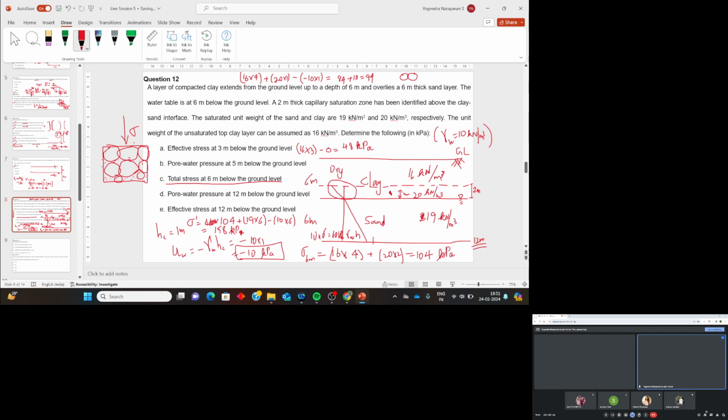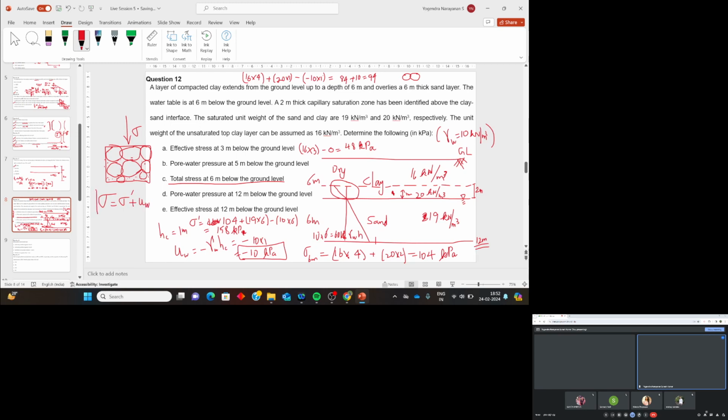Water and soil. So the applied stress is total stress. The stress taken by the soil grains is effective stress, and the stress taken by water is pore water pressure.